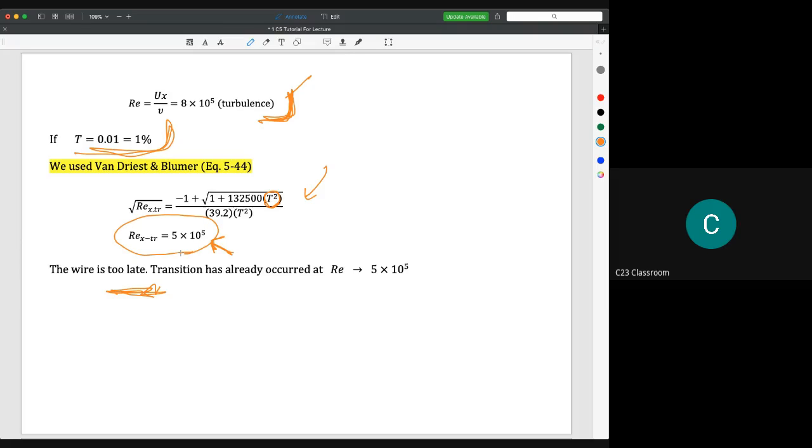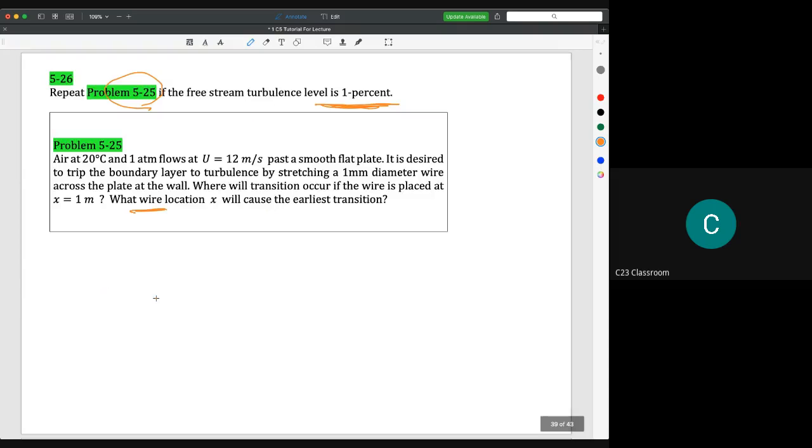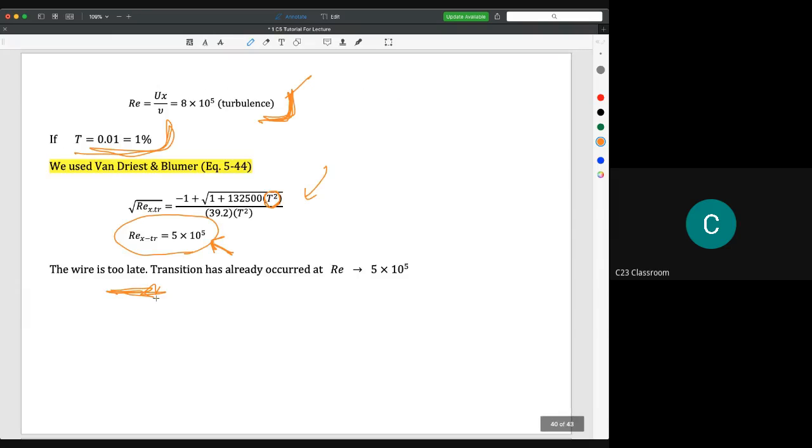So the location of x equals 1 meter for your trip wire is too late, because according to our calculation previously, substituting x equal to 1 meter, our Reynolds number is 8 times 10 to the power of 5. So the location is already turbulent.